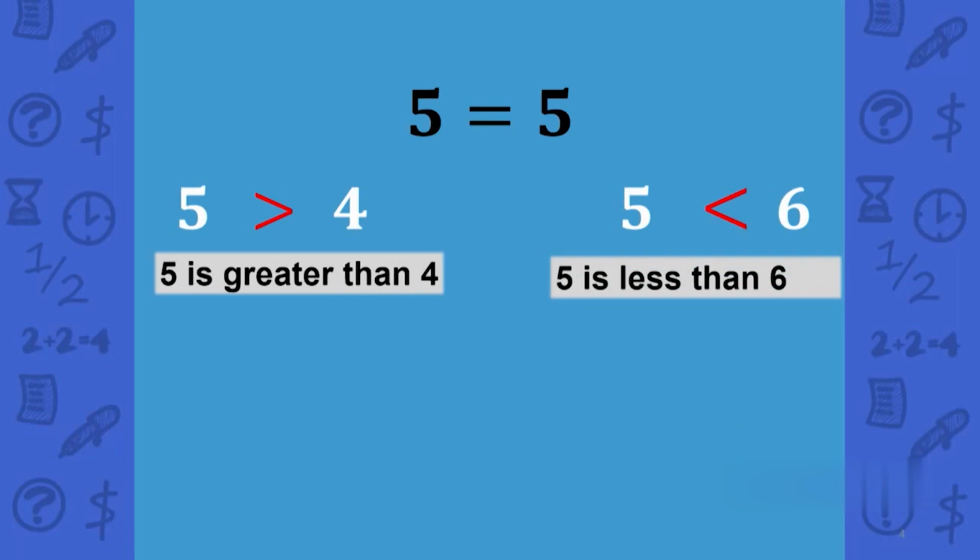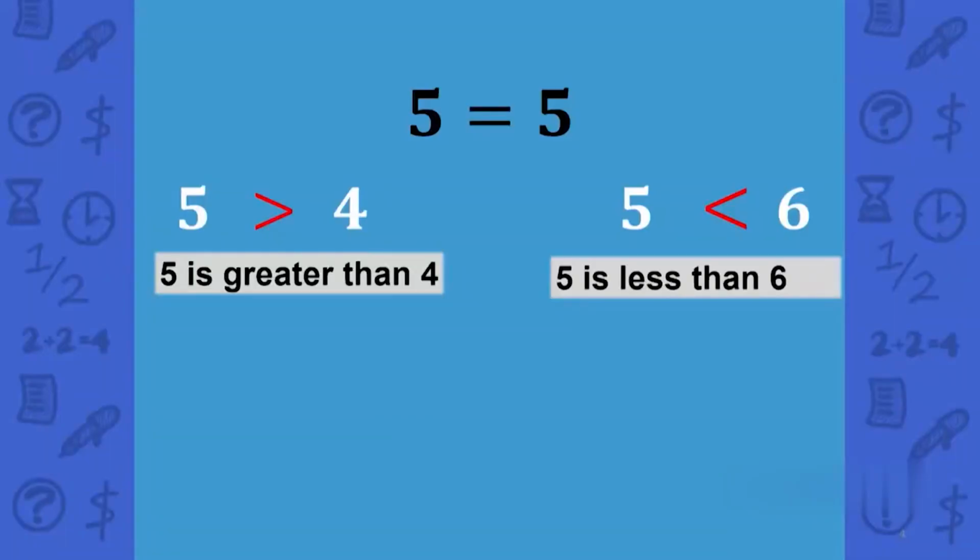In mathematics, when we read these inequalities, you can read in 2 ways. The first one is left to right and the other one is right to left. Now, look at the slide. 5 is greater than 4 means left to right. When we read right to left, you have to start from 4.